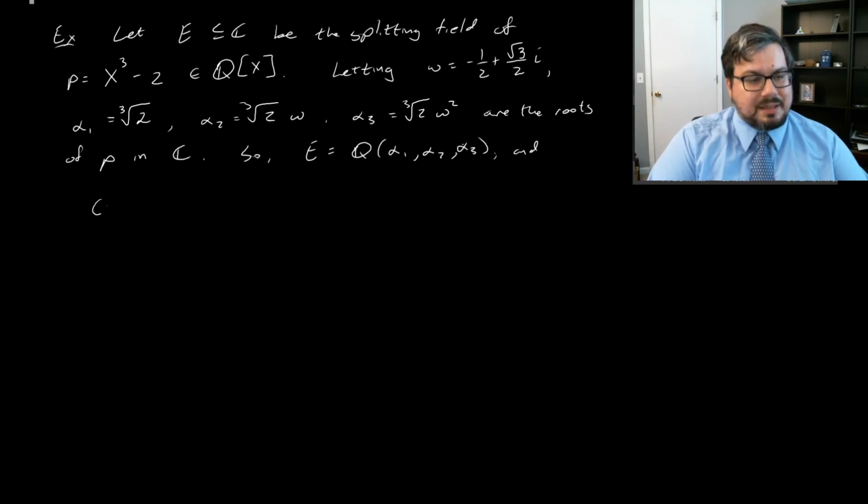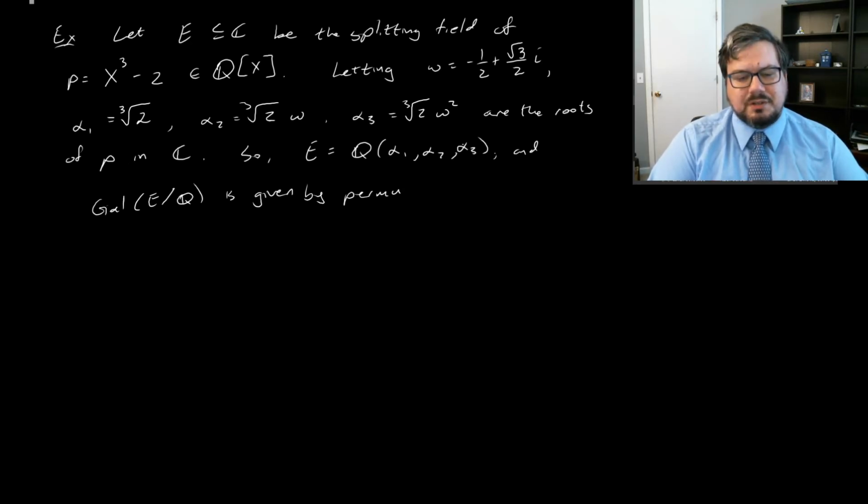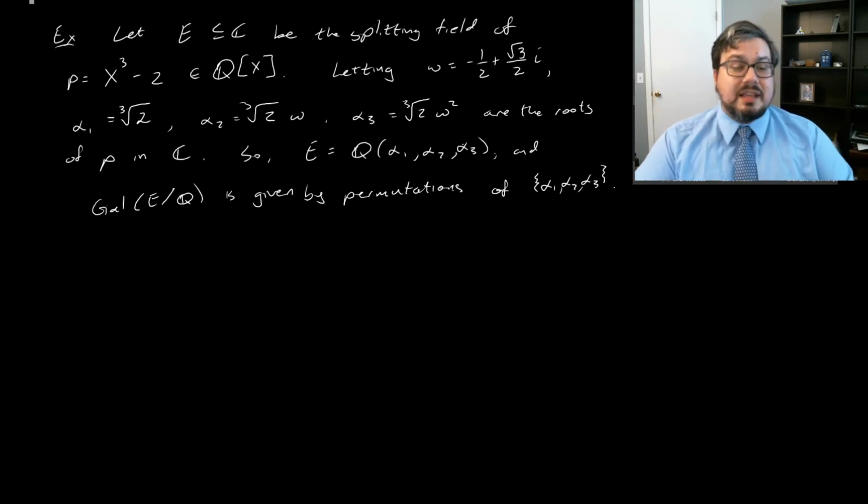We have that the Galois group of E over Q is given by the permutations of alpha 1, alpha 2, alpha 3. Now, in this case, the reason why we know that the Galois group is exactly given by the permutations of alpha 1, alpha 2, alpha 3 is a combination of theorems 177 and 178.